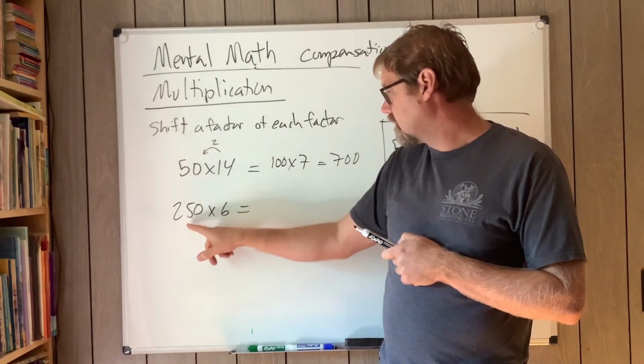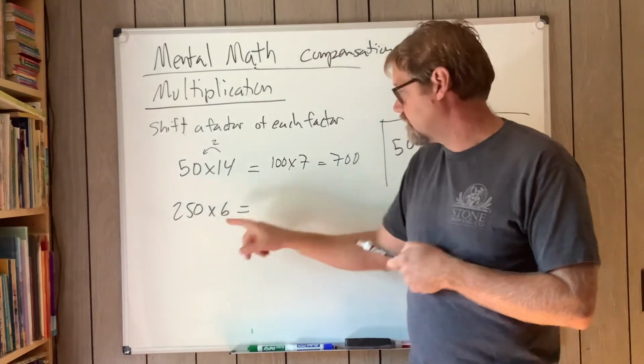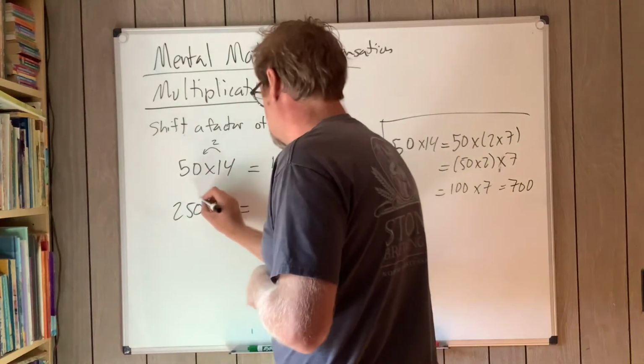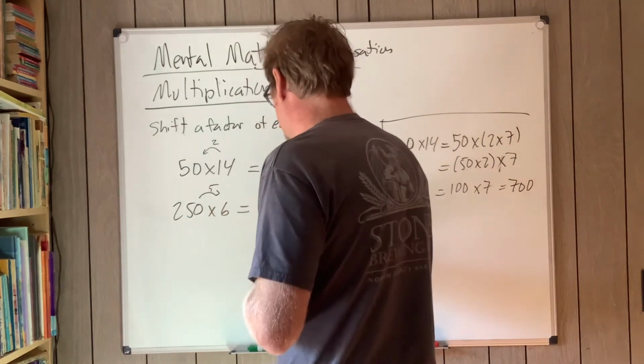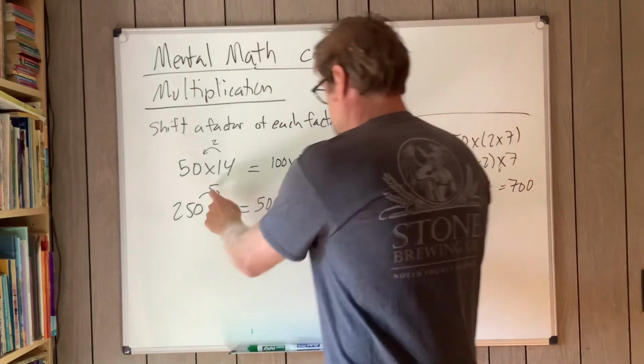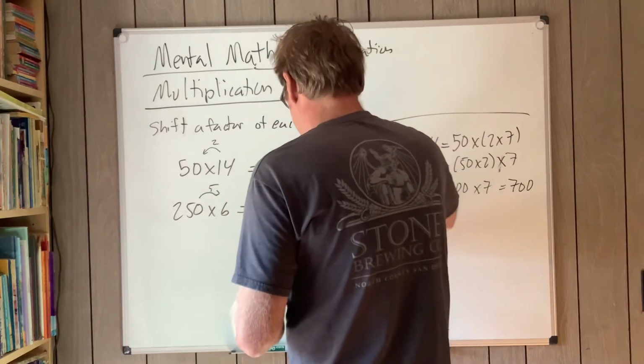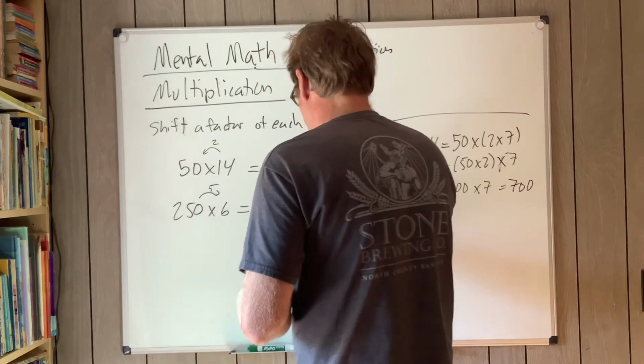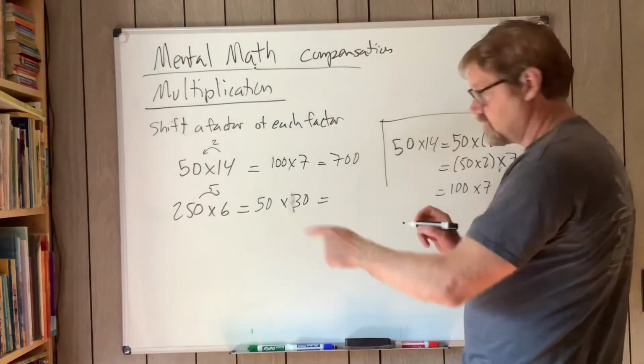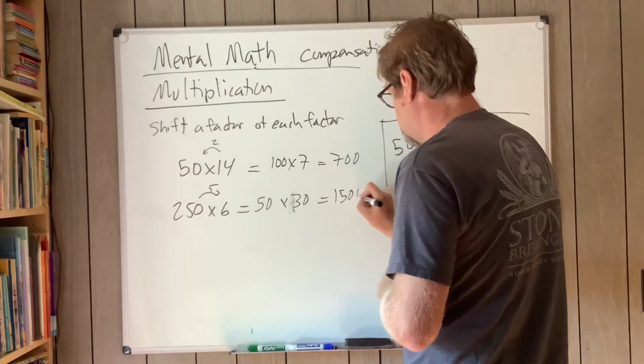So one thing I'm thinking of is maybe I take 5 out of this and move it that way. So I'm going to go 5 like that. So I'm going to get 50 times 30. 50 times 30 is 1,500.